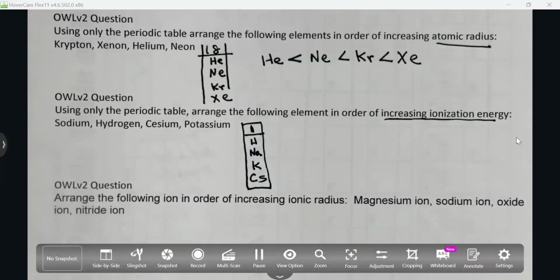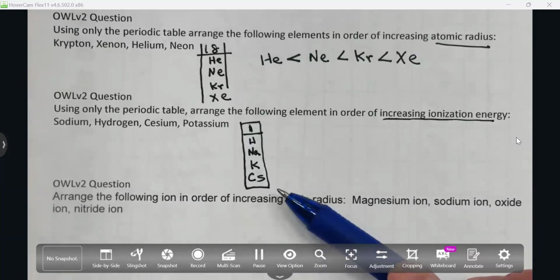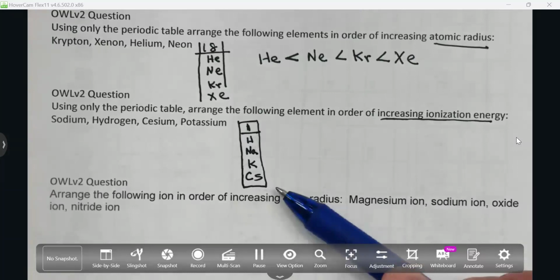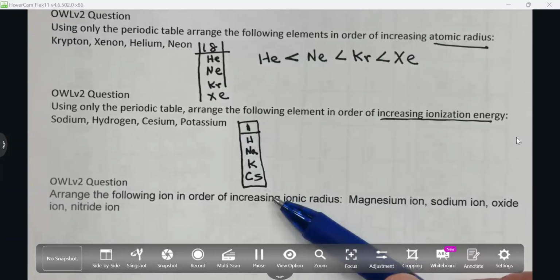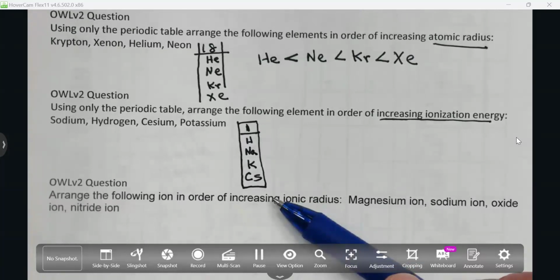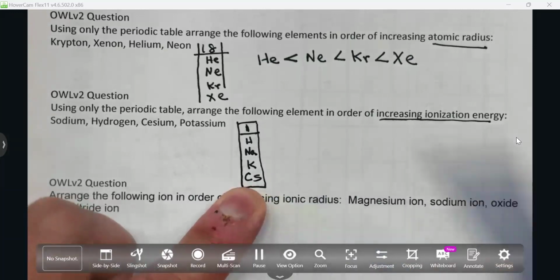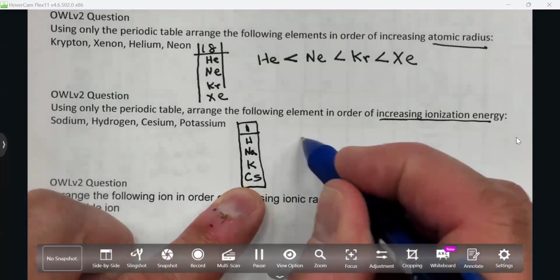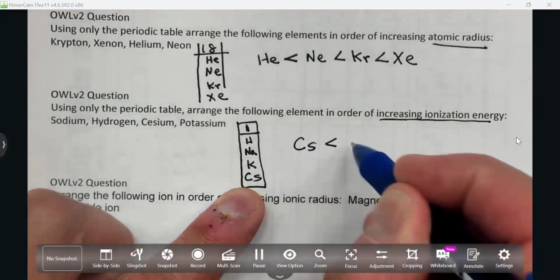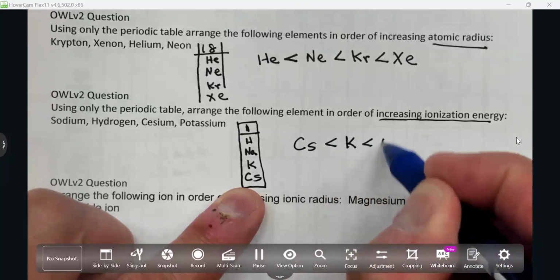Now, ionization energy to pull an electron. Which way does this go? Which one's going to be the lowest ionization energy? The easiest to pull an electron away? Cesium. That electron is way, way out there. So it's going to go like this. Cesium is going to be the easiest.